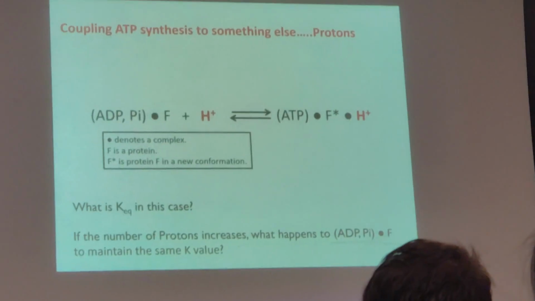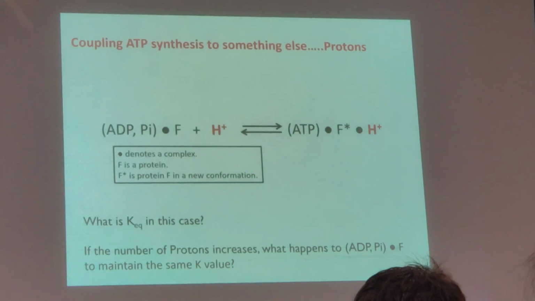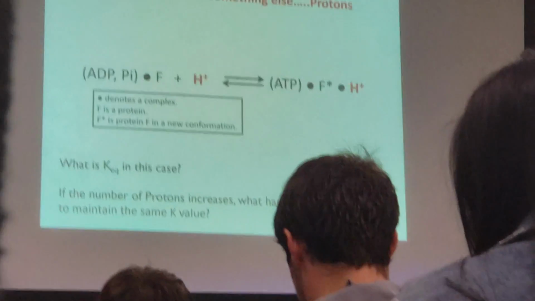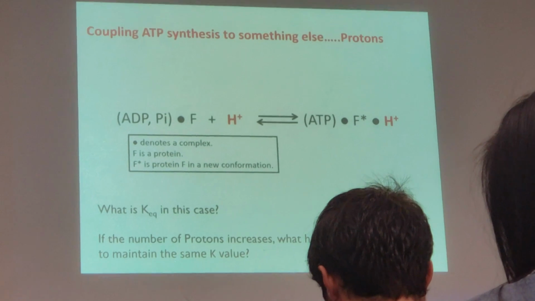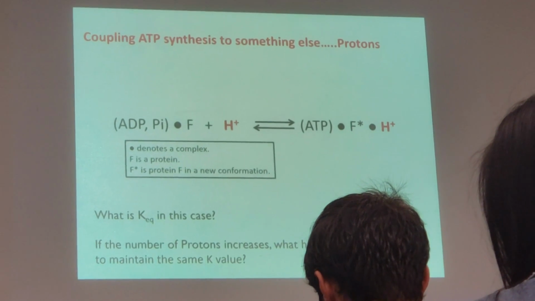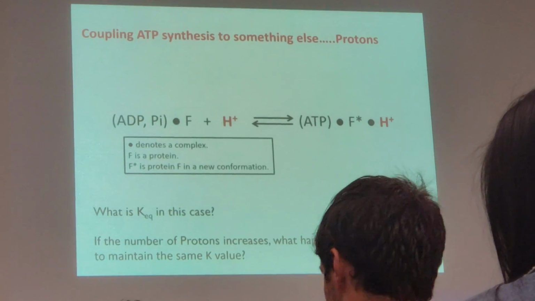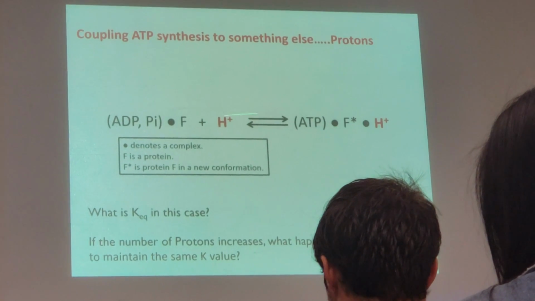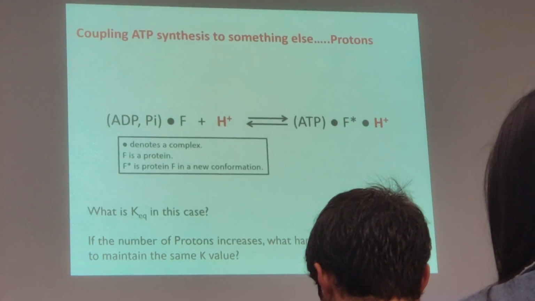If I write the equilibrium constant, K, how would I write that for an equation, just generically? Products divided by reactants, or in this particular case, ATP, F star, H plus over this times this.